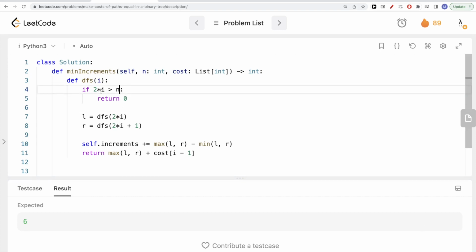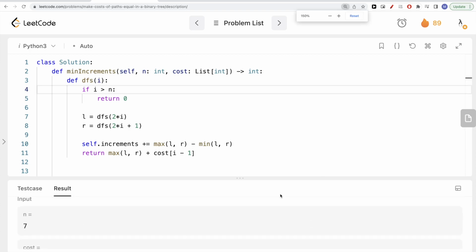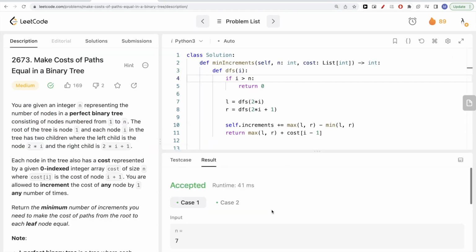Okay, actually we can keep n, but just this is i. The node itself is bigger, because if we do 2 multiplied by i, this means we are actually in a leaf node and we won't process the leaf node, and that's bad. So we just need to check the node itself is beyond the node that we should take care of. Sorry about that mistake. And now this should pass.